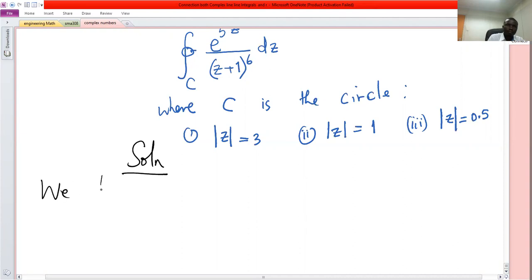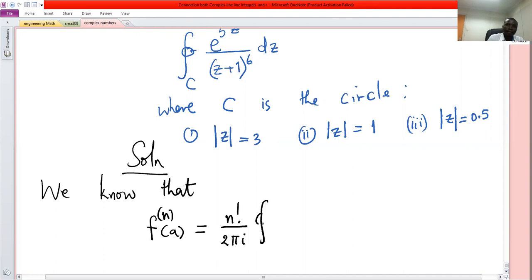We know that the value of the nth derivative of the function at a point a is n factorial over 2 pi i integral of f of z divided by z minus a raised to power n plus 1 dz. So this is the integration formula by Cauchy.